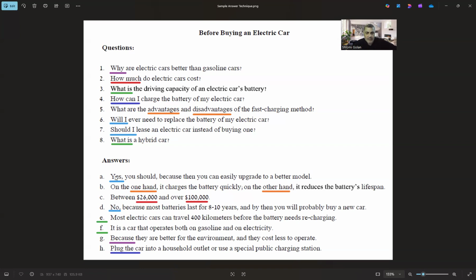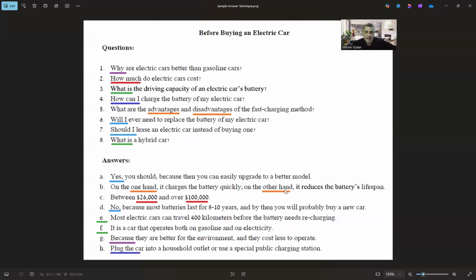And the answer is either yes or no. And then if we have questions like what is, well, here are definitions of what is. So that's what I instruct my students, or guide them, as to how to even go about such questions. Here's another sample when I have advantages and disadvantages. So the answers can be on one hand and then on the other hand.